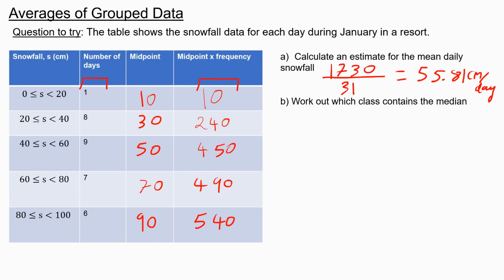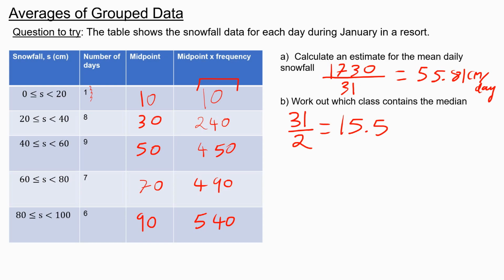And to work out which class contains the median, well, I just say I've got 31 days, and I want to find which day is halfway. So I need to do 31 divided by 2. Some people do 32 divided by 2. It's not going to change the answer we get. So this gives us 15.5. So we want to find where the 15.5 value is going to be. So the first value is between 0 and 20.